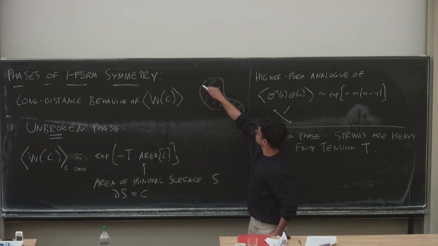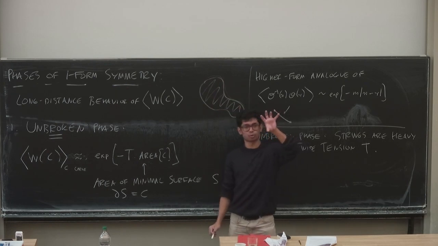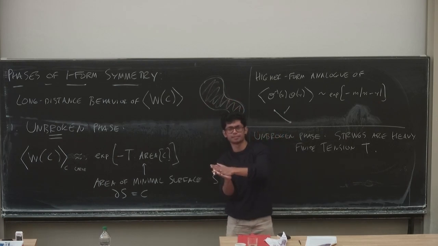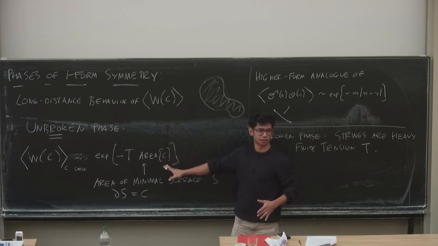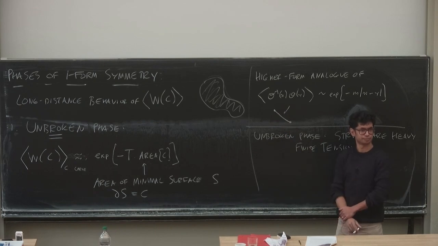So what's happening is when I insert this line operator, it creates a string worldsheet. That string worldsheet tries to minimize its action and sort of fills this thing in the minimal possible way, and that's what results in this area law, okay? It's really a direct analog of what's happening here, just for strings instead.